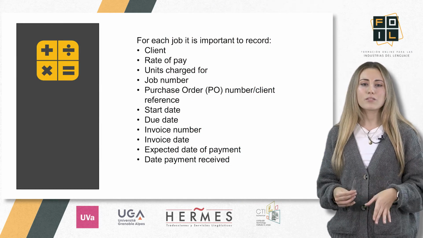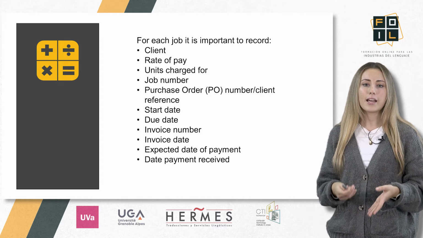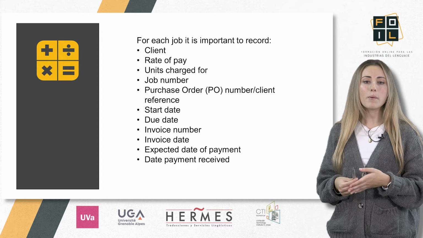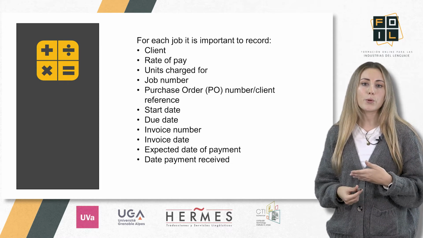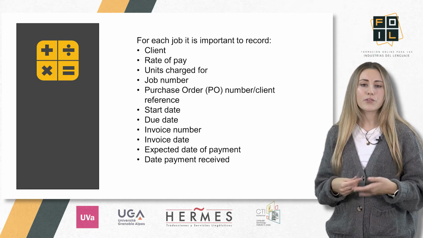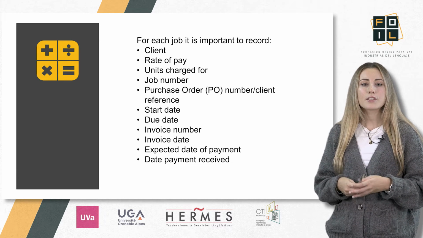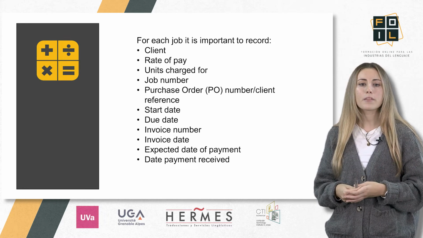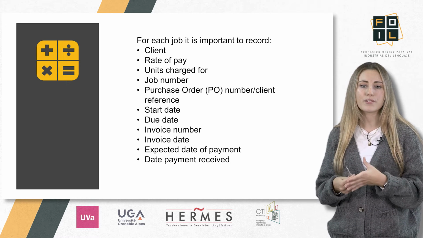And what do accounts need to include? For each job, you should record the client, both the name of the company and the name of the person who placed the job, the rate of pay, for example, if you are charging by word or by the hour, the number of units, for example, 5,000 words or 8 hours, the job number, your own unique reference for each job, the purchase order number or client reference number.